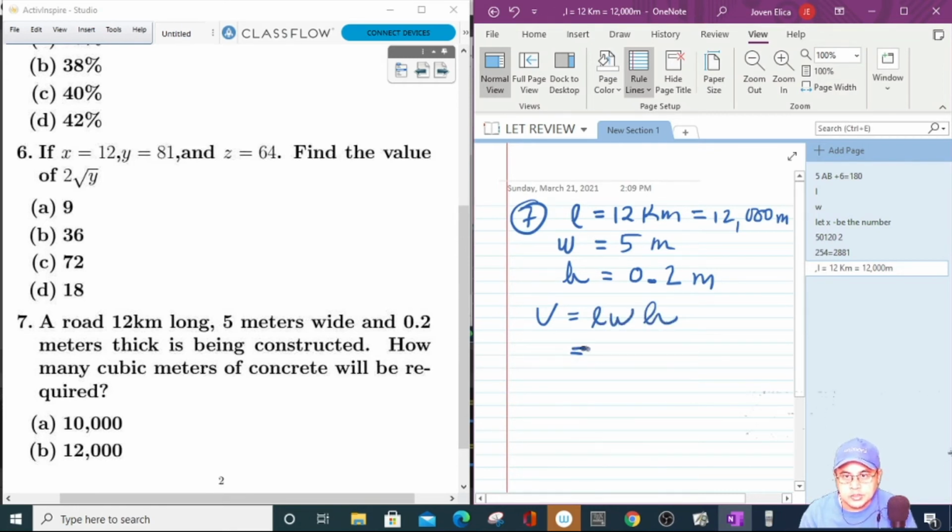So the volume is equal to the length, 12,000, multiplied by 5, multiplied by 0.2.